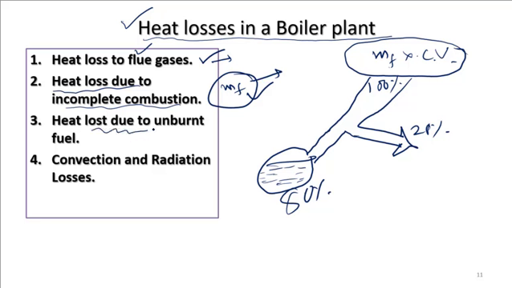Now heat loss due to unburned fuel. Some fuel sometimes may not burn at all because of the insufficient oxygen or air. There are some convection and radiation losses from the furnace or any surface of the boiler. So these are some possible ways by which the heat loss can take place in a boiler.